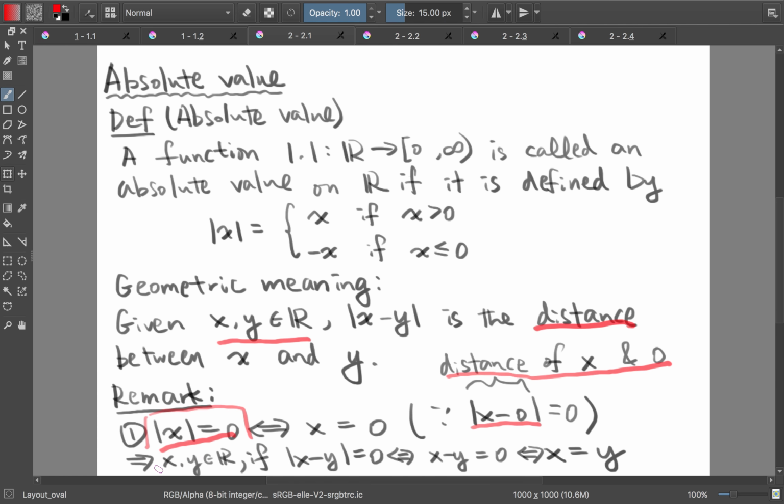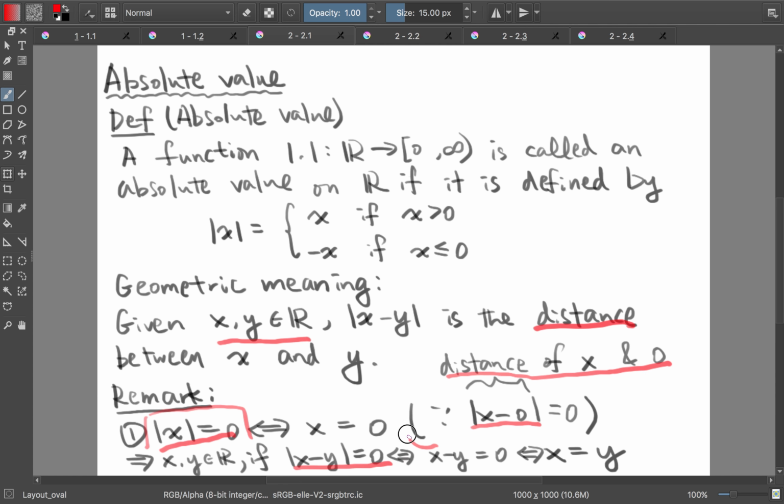From this property, we can introduce something: if we're given two real numbers, if the absolute value of x minus y is equal to 0, then it is equivalent to saying that x minus y is equal to 0.